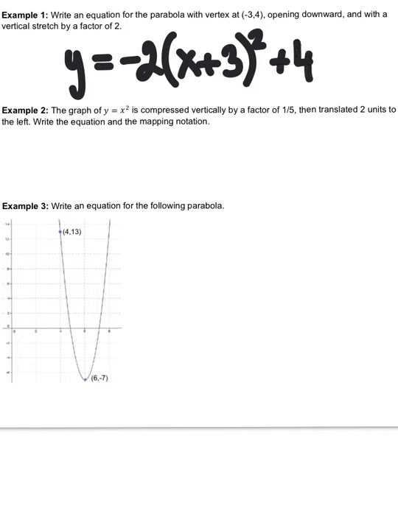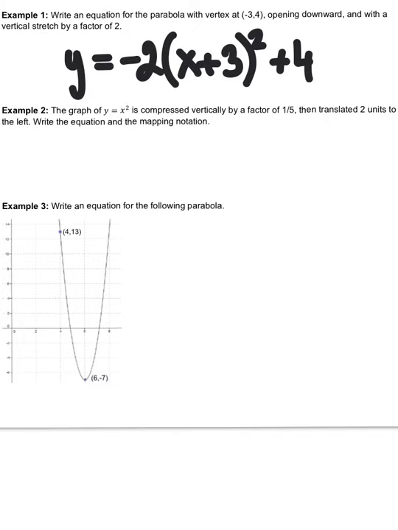All right, for our second example, we have the graph of x squared, which is the parent function, compressed vertically by a factor of 1/5, then translated 2 units to the left. Write the equation and the mapping notation. All right, so we're going to write our mapping notation first because we're given specific instructions on what's happening.